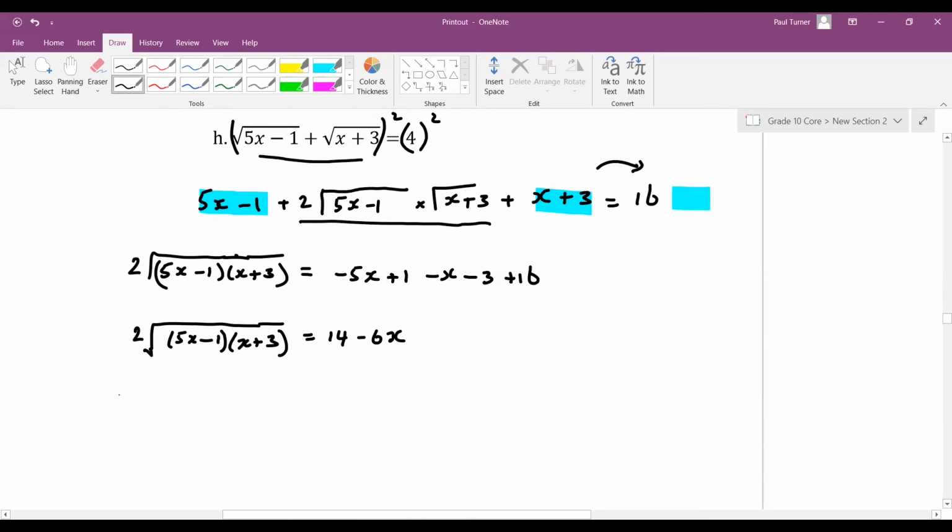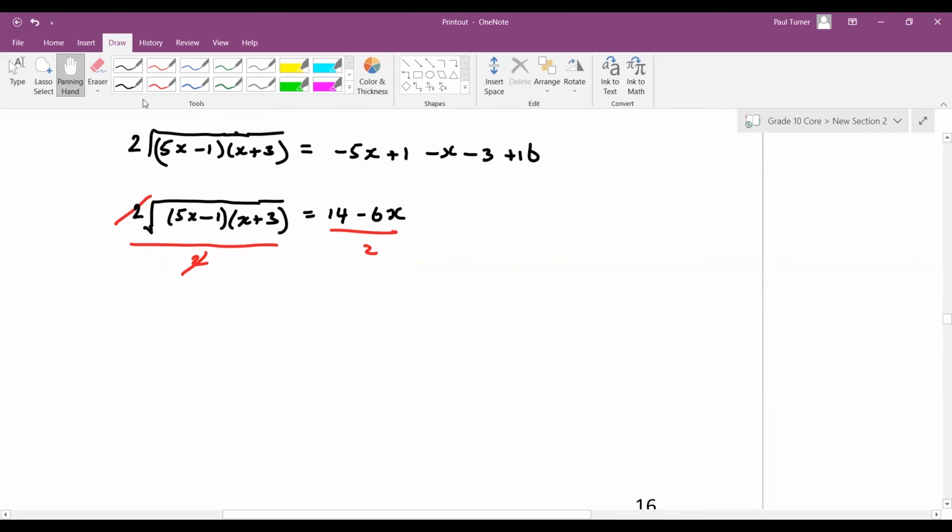Okay, so at this point, I would divide by the 2 to get rid of this 2 here. Don't try to put that inside. Like that. So this one will cancel. Okay, it's all just straightforward algebraic methods, so nothing new that you haven't learned before. So then you'll get a root.